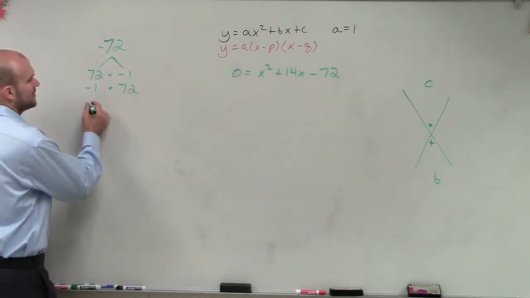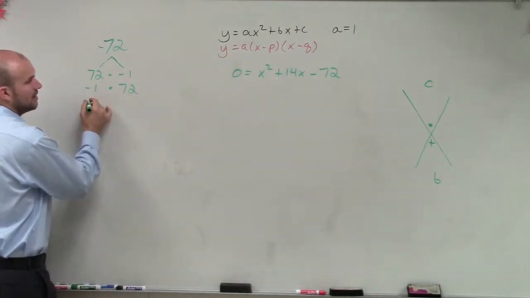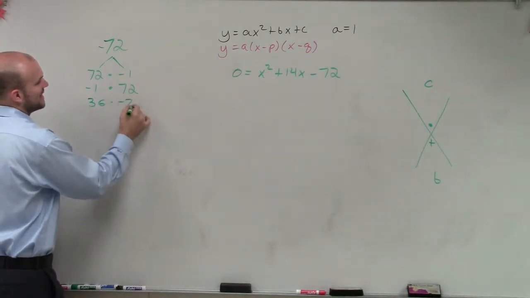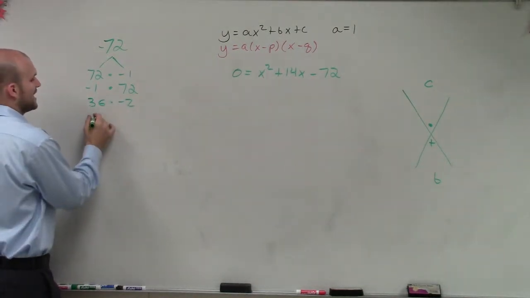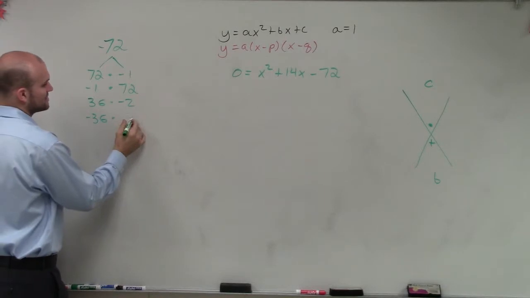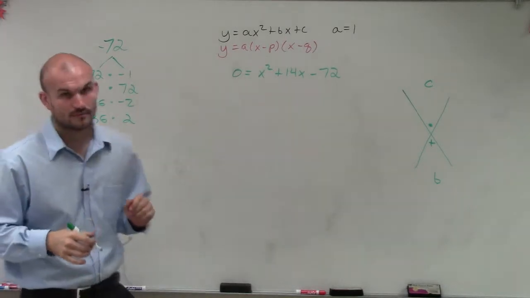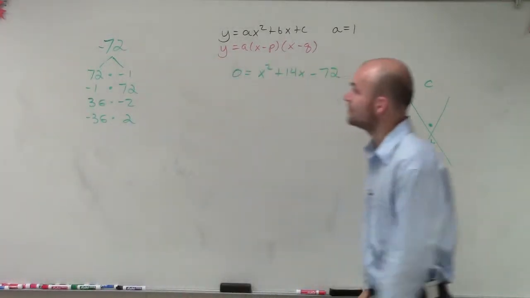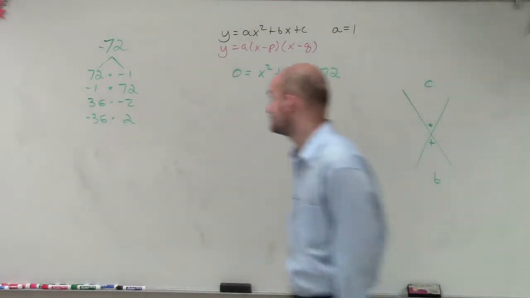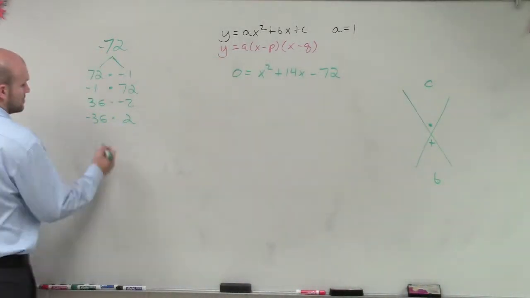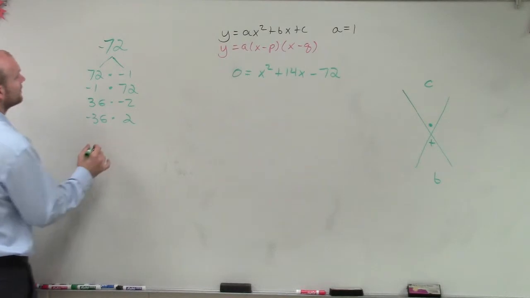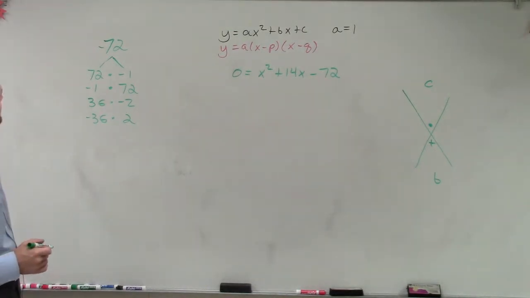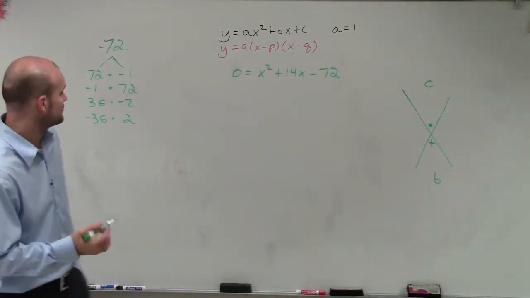Then we could do 36 times negative 2. You could do negative 36 times 2, right? Then we could do 3. So we could do 72 divided by 3, that would be 24.